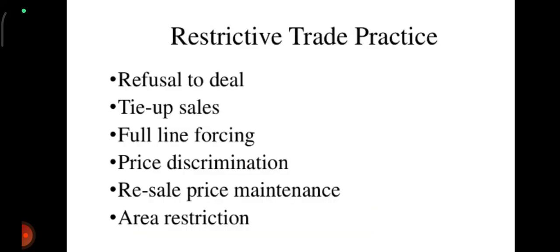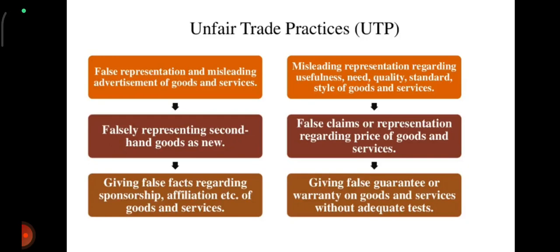After that, we will come to the restrictive trade practices. First is refusal to deal, second is tie-up sales, then full line forcing, then price discrimination, then resale price maintenance, area restriction, etc. Unfair trade practices deal with false representation and misleading advertisement of goods and services.